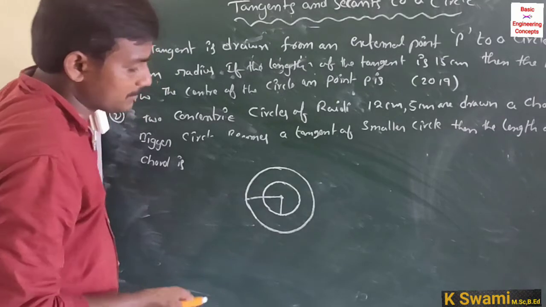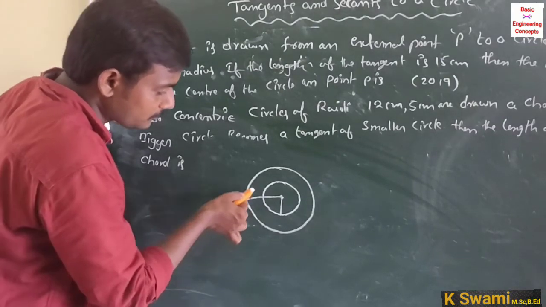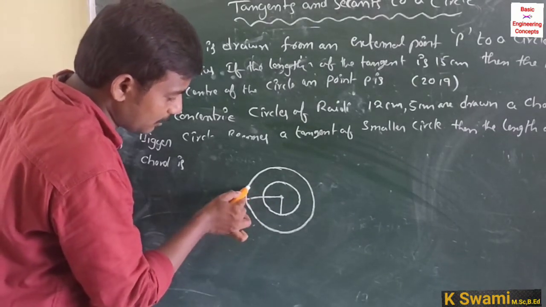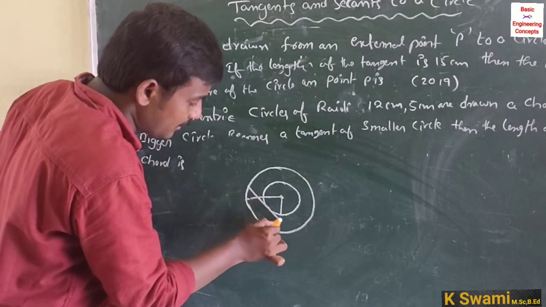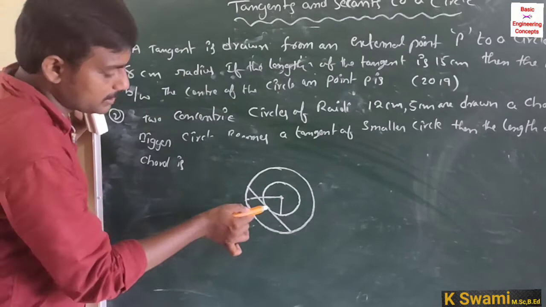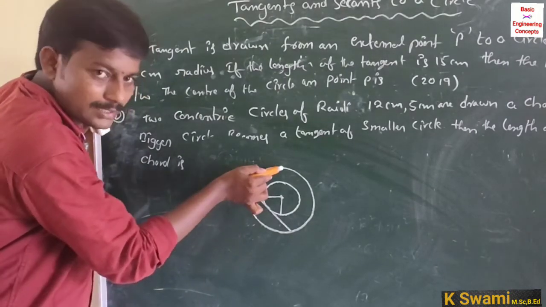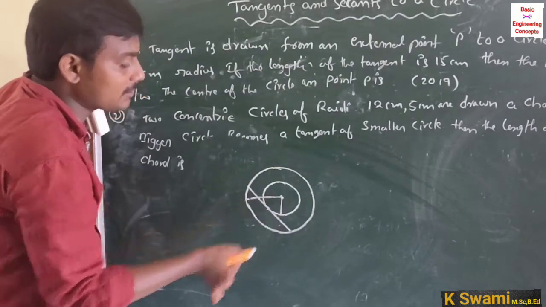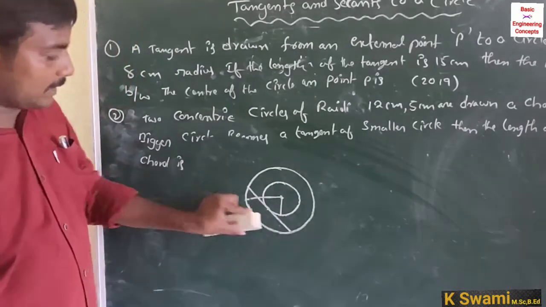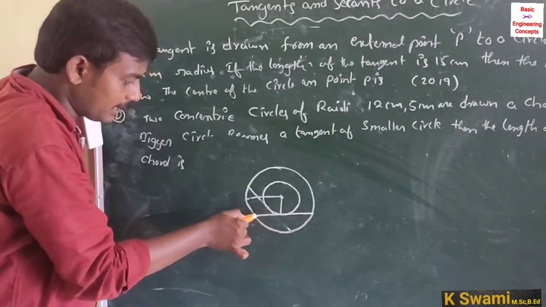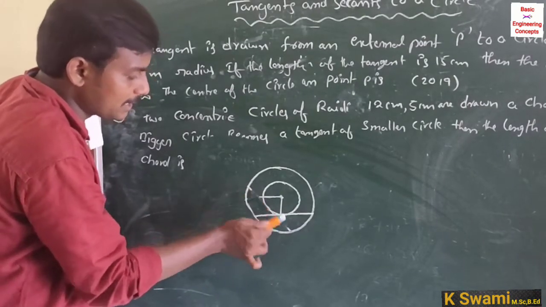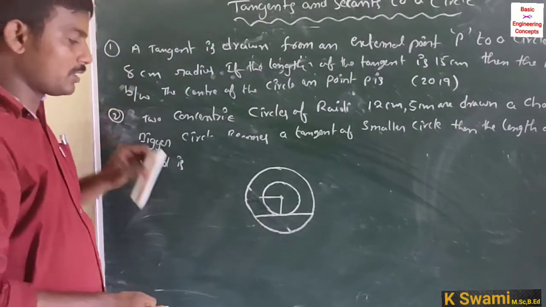The chord of the bigger circle is equal to the tangent of the smaller circle. So this is the chord of the bigger circle, and also the tangent of the smaller circle.